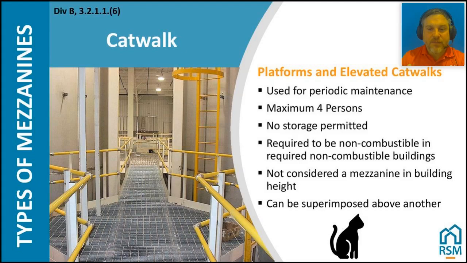In this case, if I was in a required non-combustible building, it's forcing me to do a non-combustible catwalk. I would think the intent was that it has to be supported by non-combustible, because the building's non-combustible and the catwalk's non-combustible, so I think they would actually be supported by non-combustible. Of course, if you're in a building that's permitted to be combustible, then you can have a combustible catwalk and any supports.